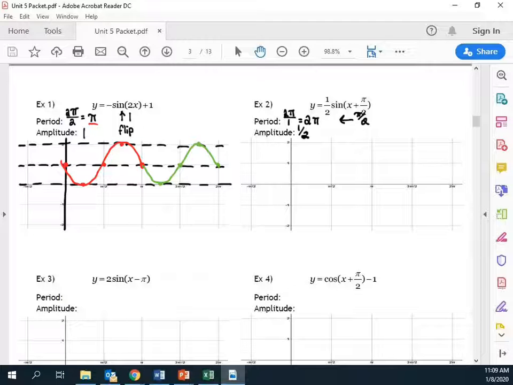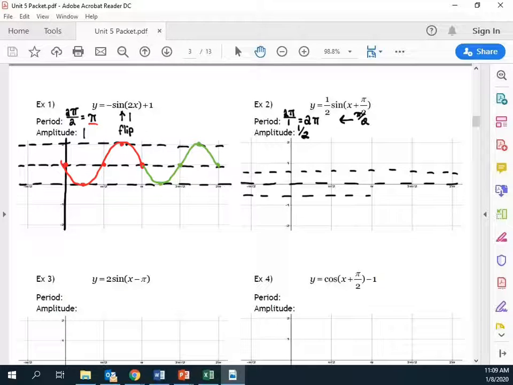All right, so let's go ahead. Let's draw our, since there's no vertical shift, is our center still the same? Yes. How far up do we go? 0.5 or 1/2. And then, of course, how far down do we go?